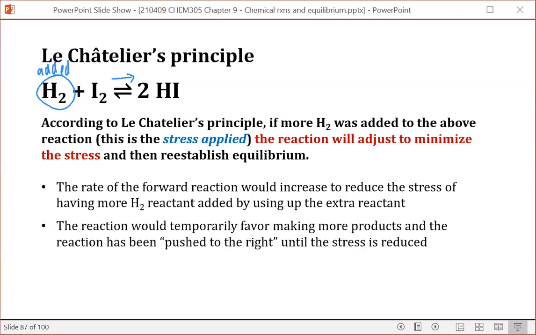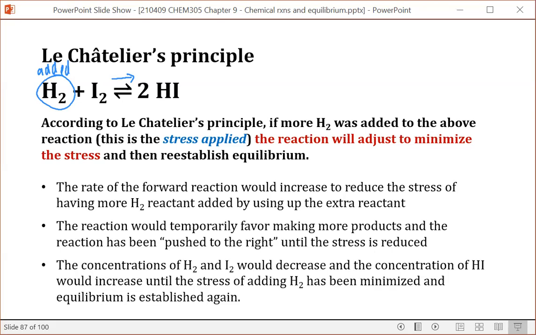So the reaction is going to temporarily favor making more products. And we say that the reaction has been pushed to the right until the stress is reduced. The arrow is favoring making more products. It's being pushed to the right to get rid of this stress, this added H2. And so the concentrations of H2 and I2 are going to decrease because the forward reaction has been sped up.